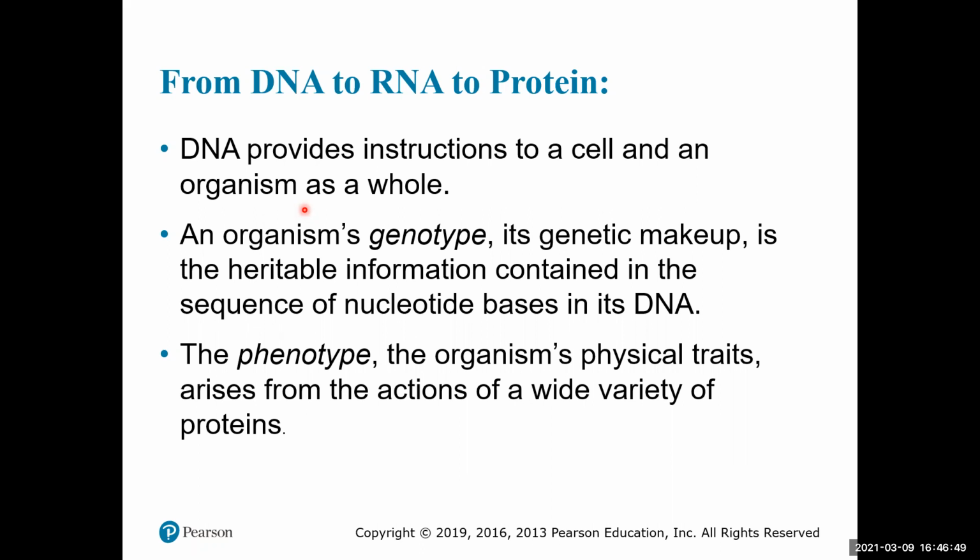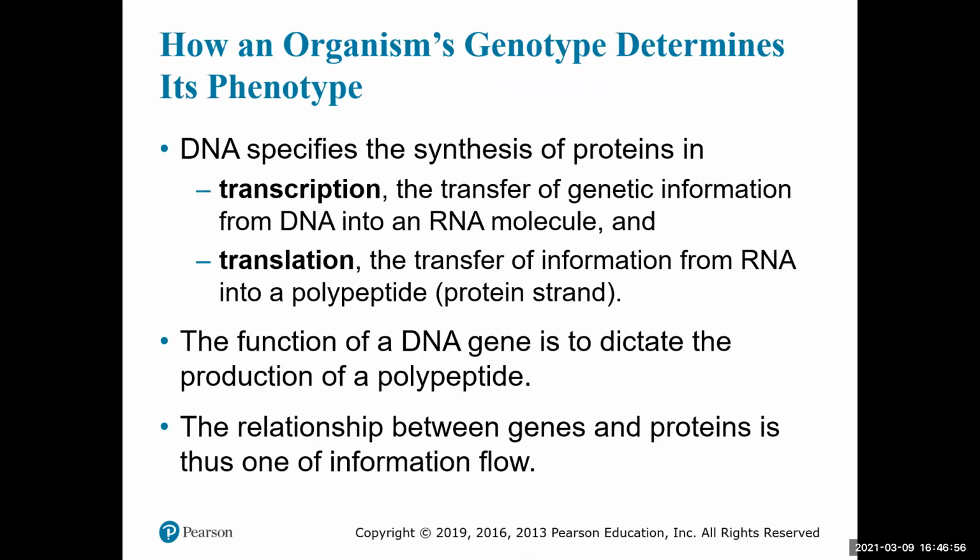So we basically have this pathway that the information travels from. And that pathway is DNA being transcribed into RNA, and then that RNA molecule being translated into proteins, into a specific polypeptide strand. And if you remember, proteins, which are one of our four organic molecules, are made up of multiple monomers of amino acids.